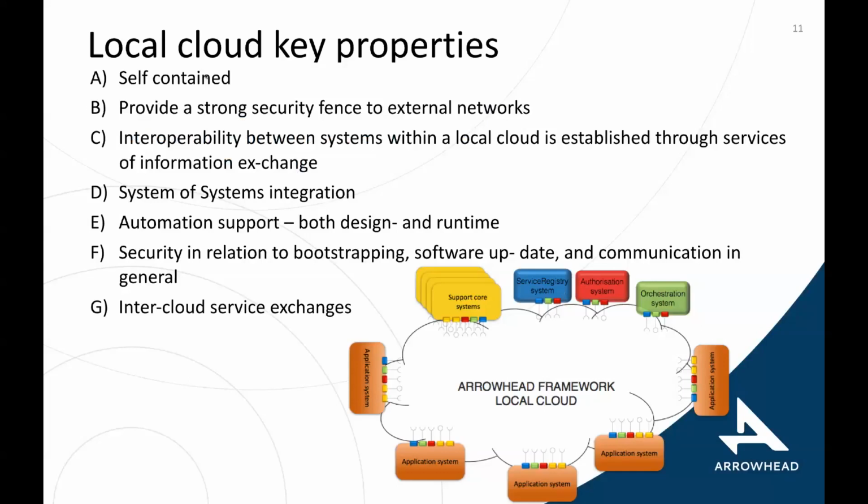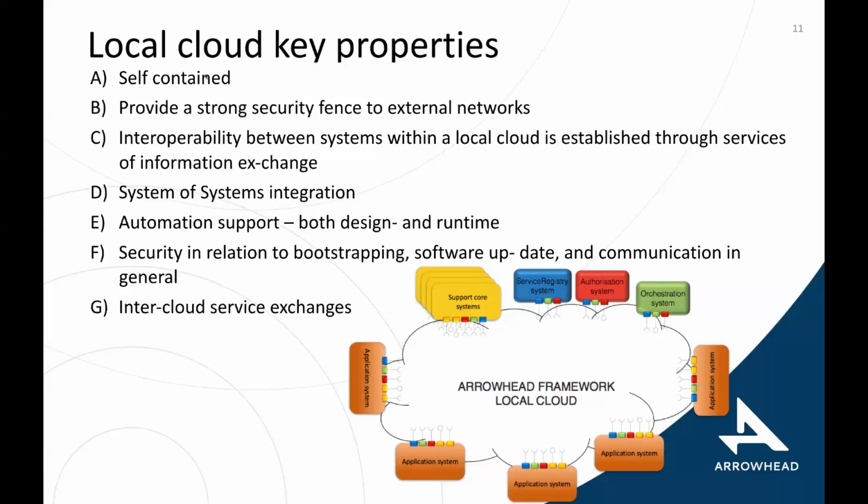It should not need anything from outside to execute its intended operations. This is a way to provide a strong security fence to external networks. So there should not be any other traffic on that local private network.